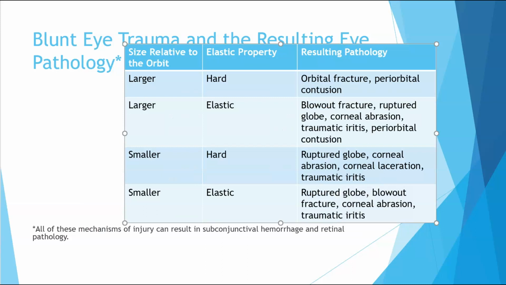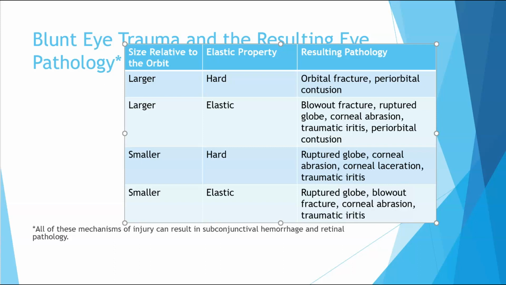Okay, blunt eye trauma and the resulting eye pathology. So any of these mechanisms of injury can result in subconjunctival hemorrhage or retinal pathology. So it's still important that they get verified and checked. So this, and I don't know why this didn't come out as well as I thought.